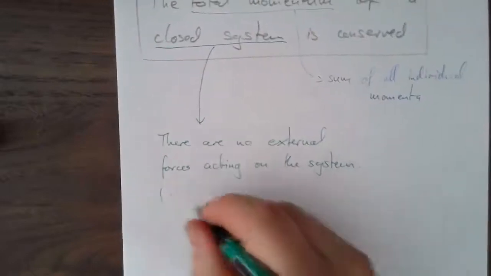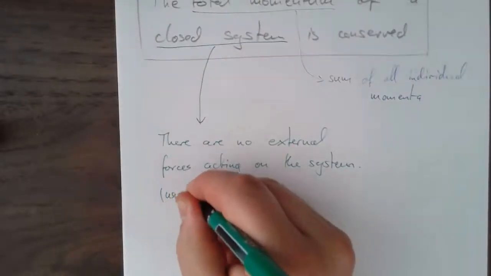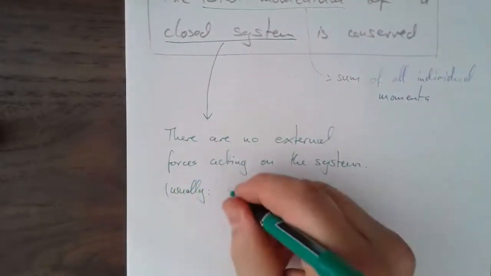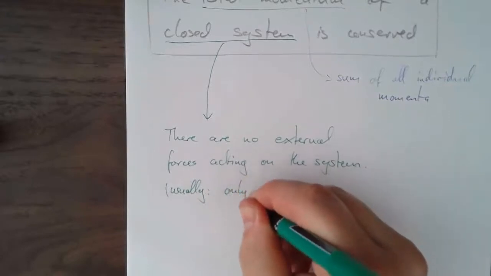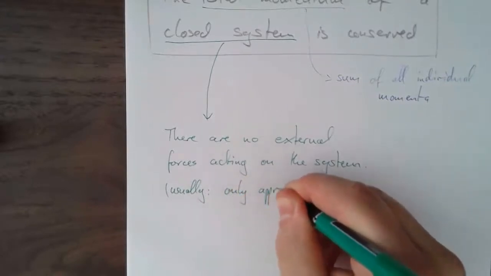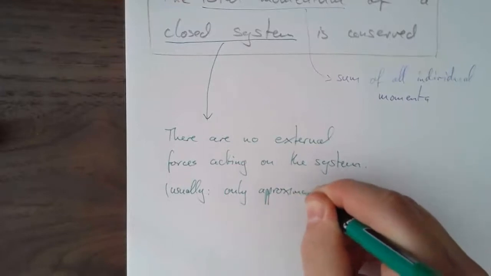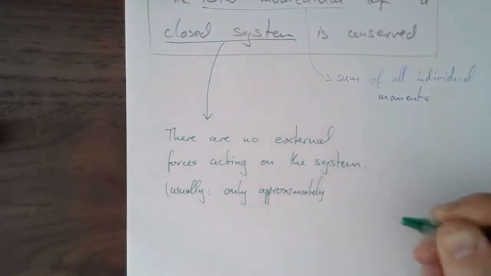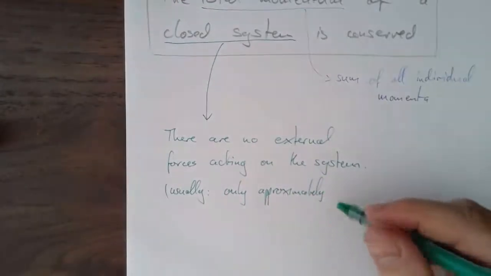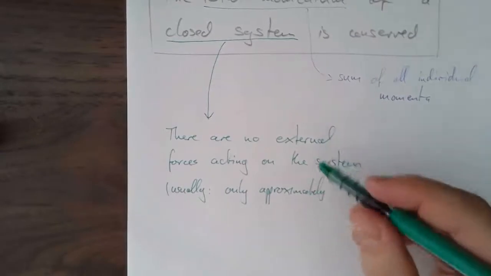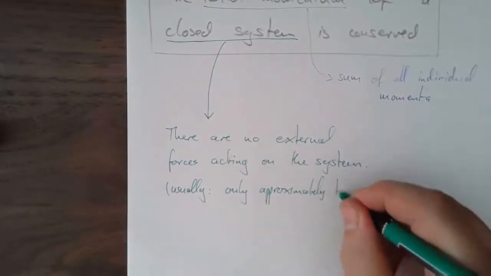Now usually, say in the case of the car crash, this is only approximately true. There is friction with the ground even during the half a second that constitutes the actual crash itself.